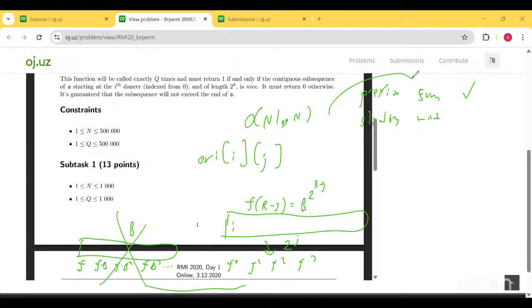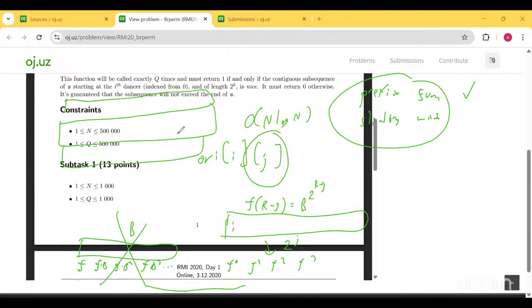So we can use prefix sum or sliding window for each level. For each level, the base is constant. We want to find it level by level, and when we find this level, we don't need the other level, right? Just like Saram's solution.